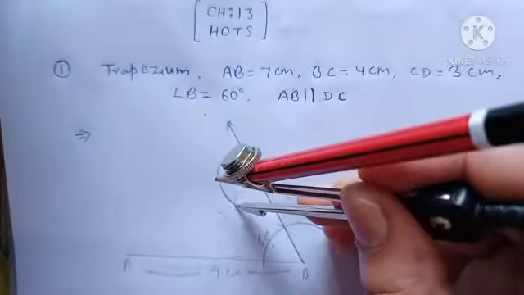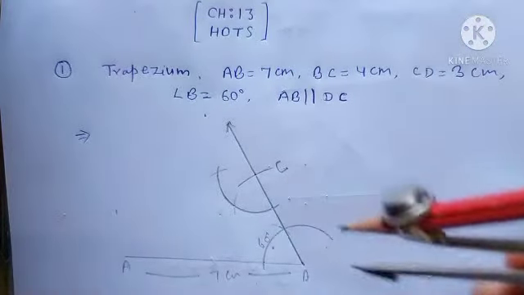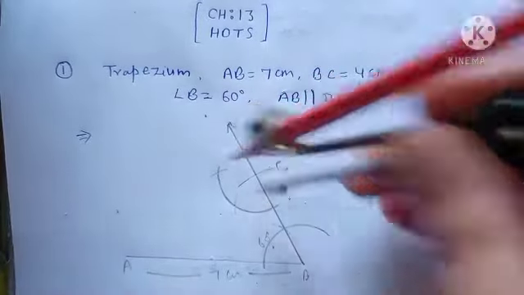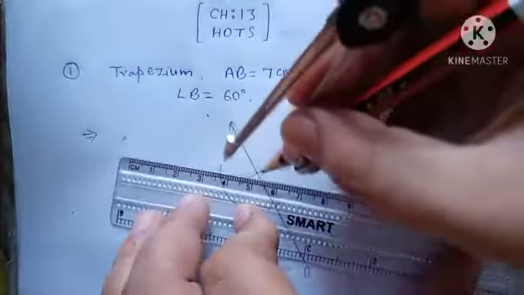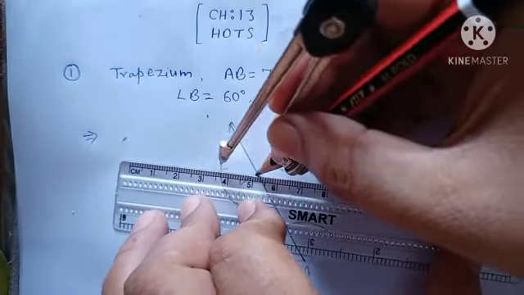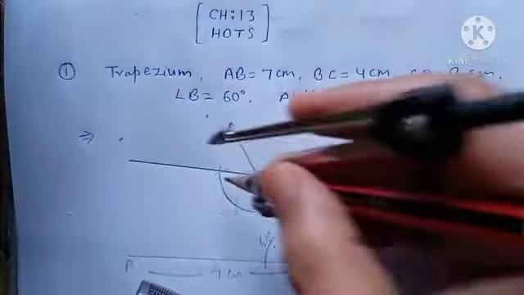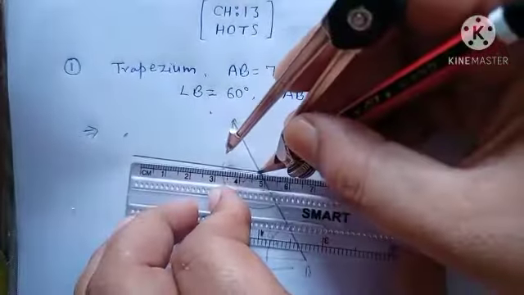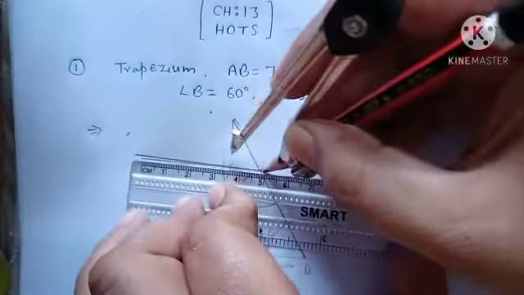Cut off this arc at 2 points. Now join C to the point of intersection. Okay, now you can see by mistake it is okay.